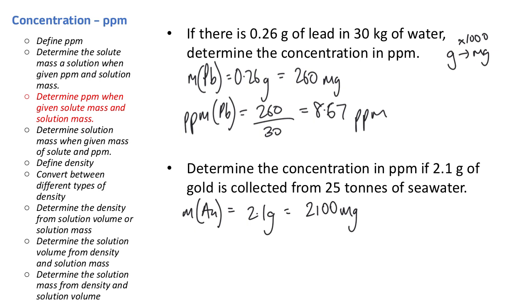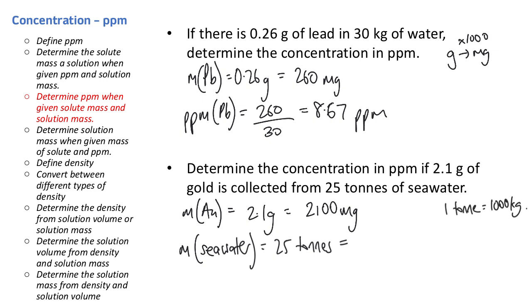Now the mass of the solution: 1 ton equals 1,000 kilograms, so 25 tons is 25,000 kilograms.